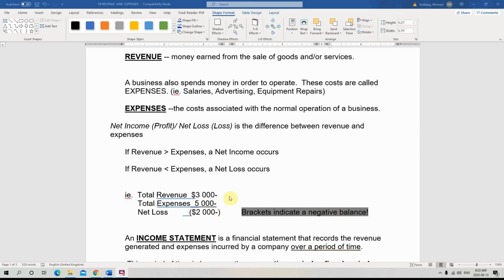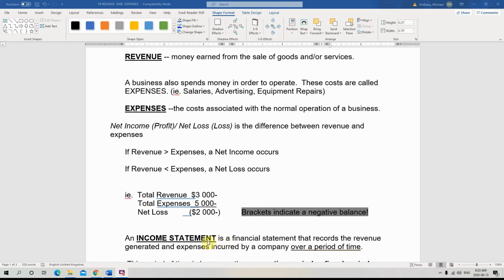All right, now we're going to introduce yet another financial statement, and it's called the income statement. And only the revenue and the expenses go on the income statement. You're not going to see assets, liabilities, and owner's equity on the income statement, only the revenue and the expenses.